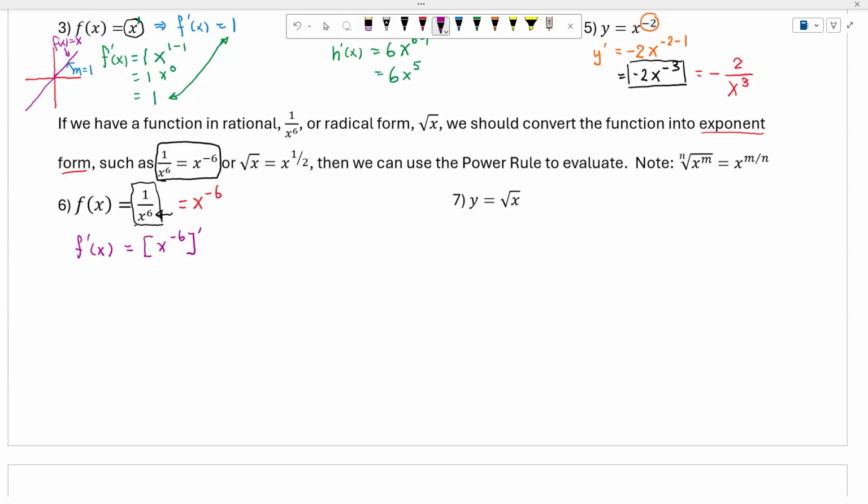This tells me that I'm going to take the derivative of this function, x to the power of -6. And now my answer will be, we bring the power down, we subtract 1 from the power, then I will have -6 x to the power of -7.